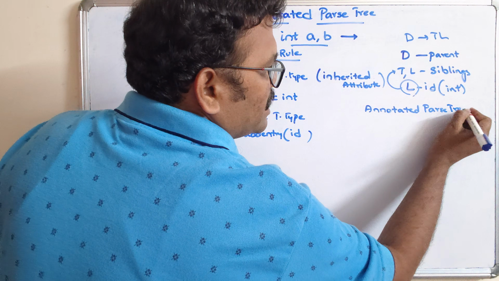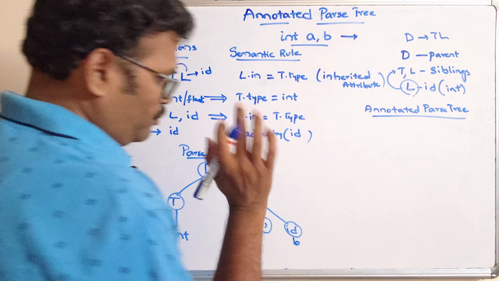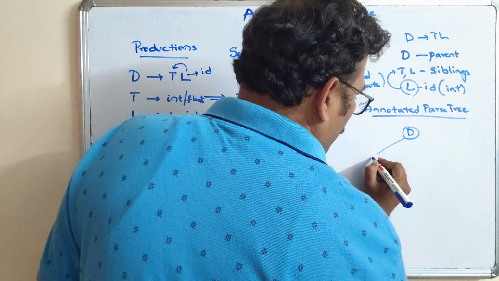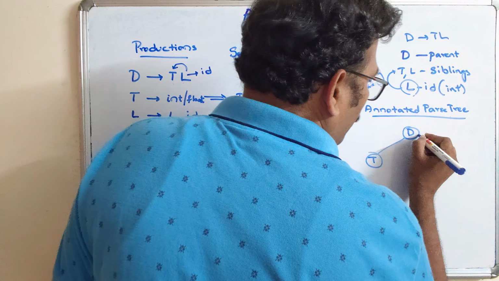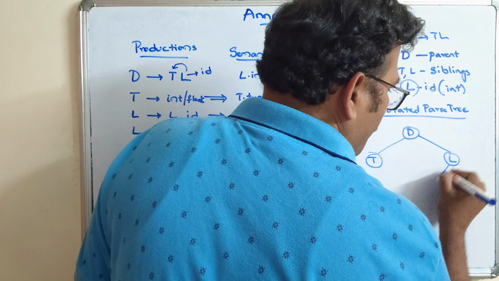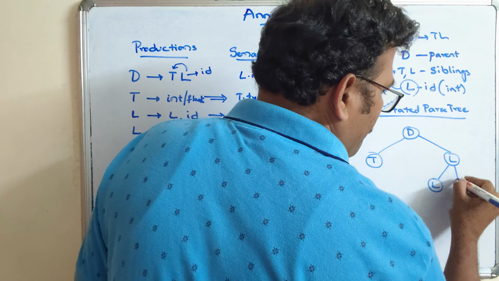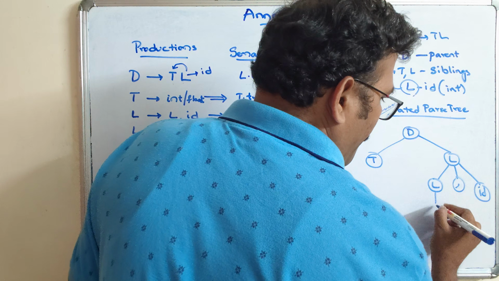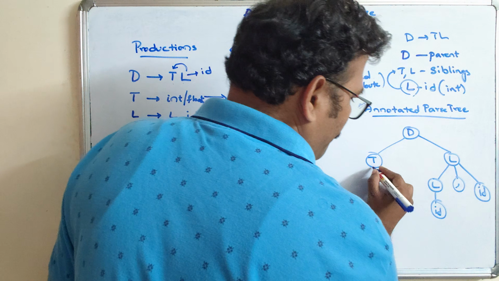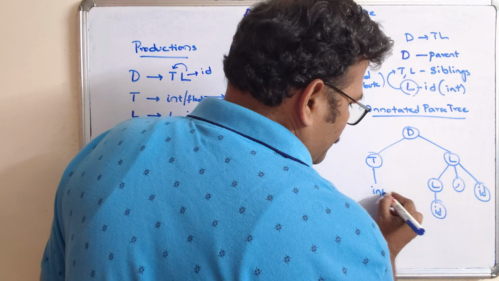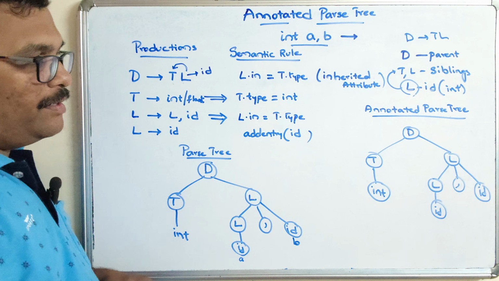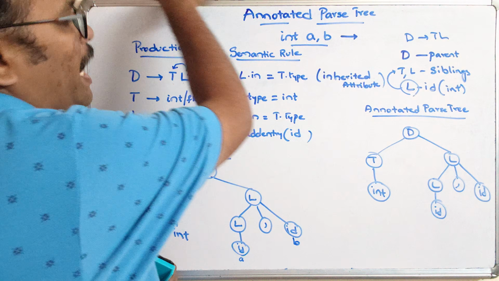Annotated parse tree means giving the attributes to each and every value. So we'll write here once again d, t, l, l, comma, id, id, int. Now you can see we need to give the attribute values.